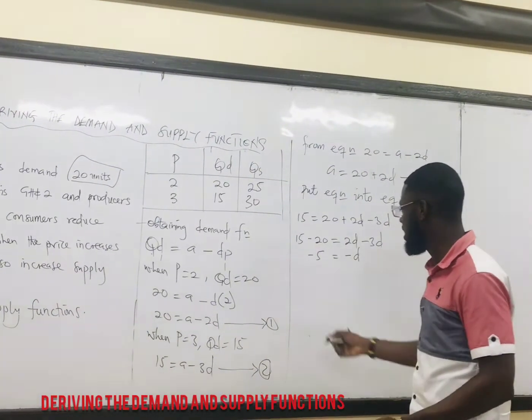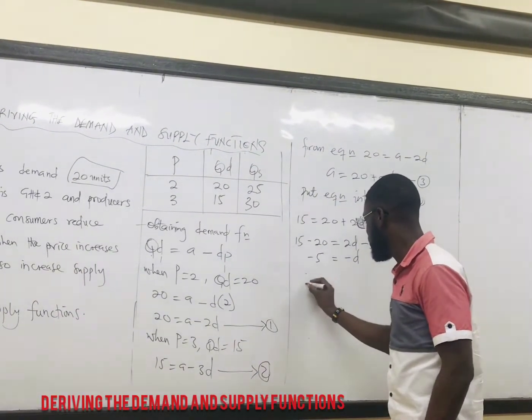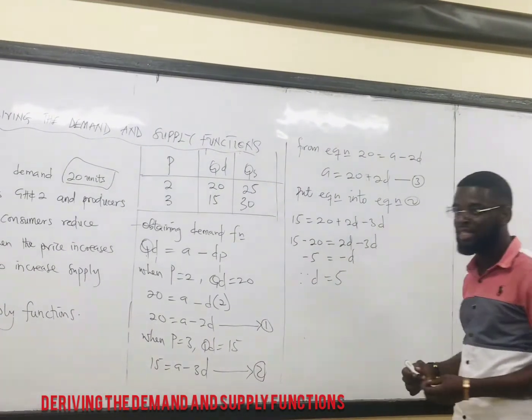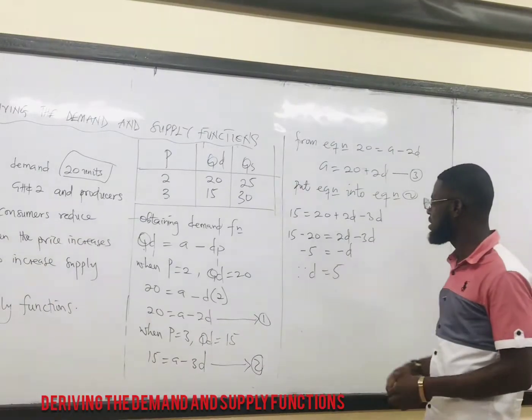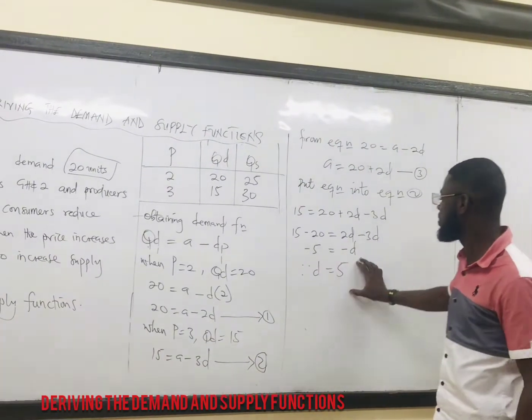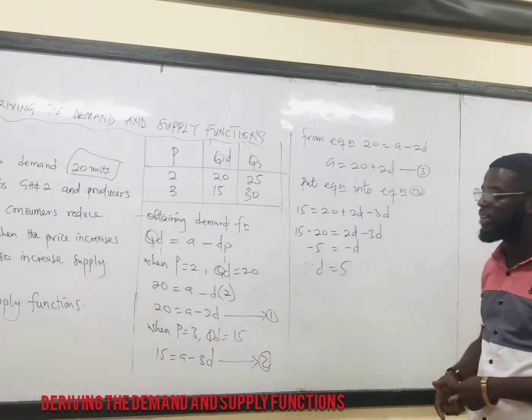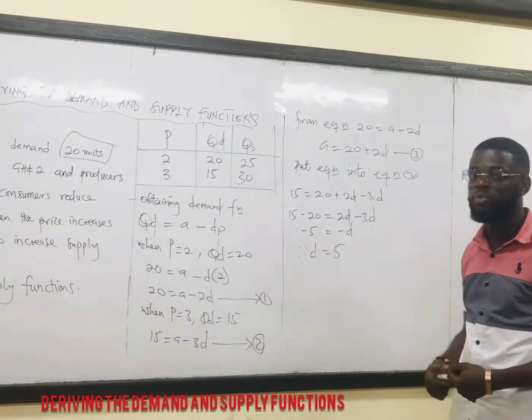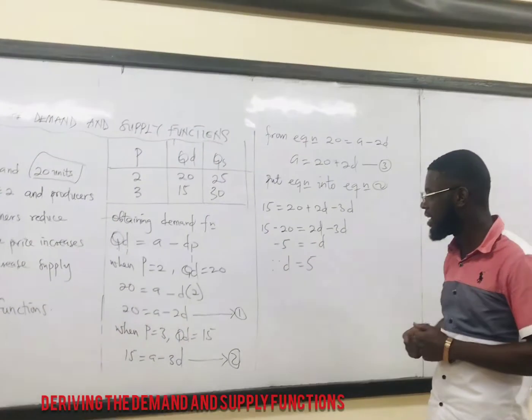D. So automatically our answer is going to give us D equals 5. That is the value for what? D. Now having gotten the value for D, we substitute D, which is equal to 5, into any of the equations, either 1 or equation 2, so that we'll be able to find the value for A as well.